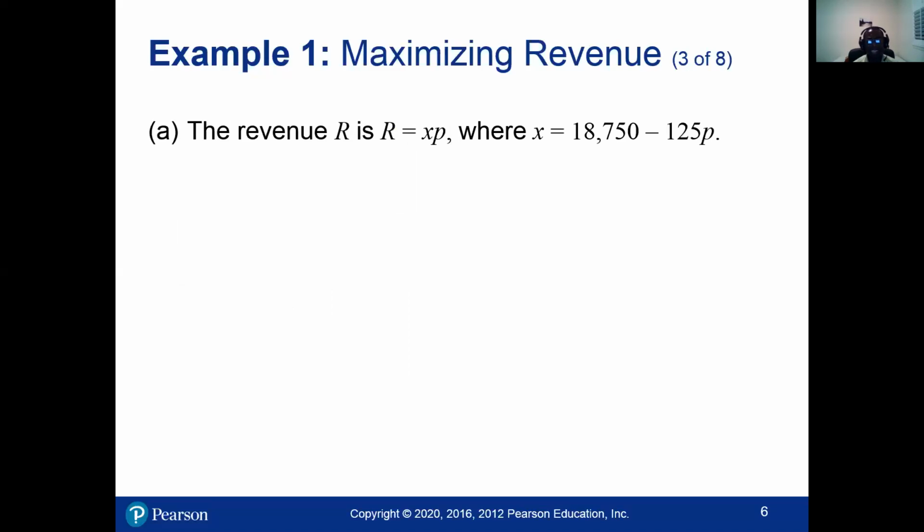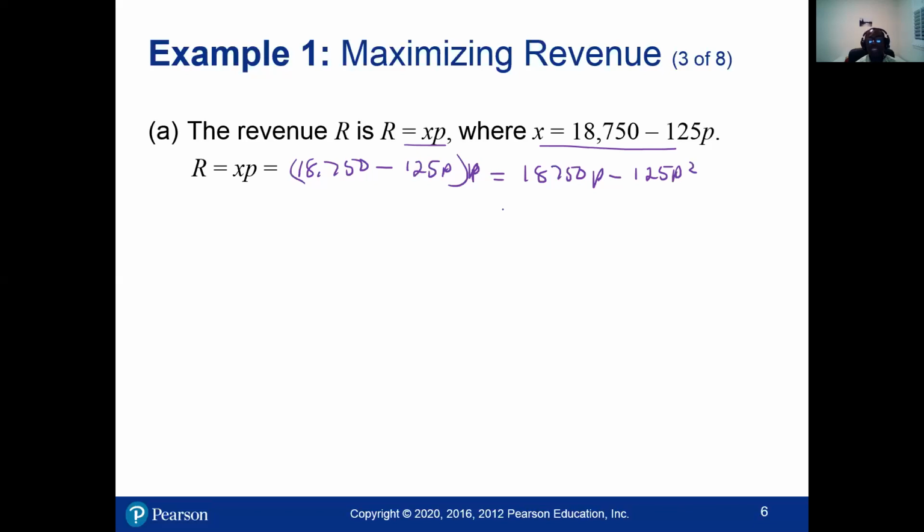One, part A asks what is the revenue? Okay, we know that revenue is given by X times P, where X is the demand function. So what we do is we just multiply this by X, and X is 18750 minus 125P, and then everything times P. Okay, and that gives us 18750P minus 125P squared.